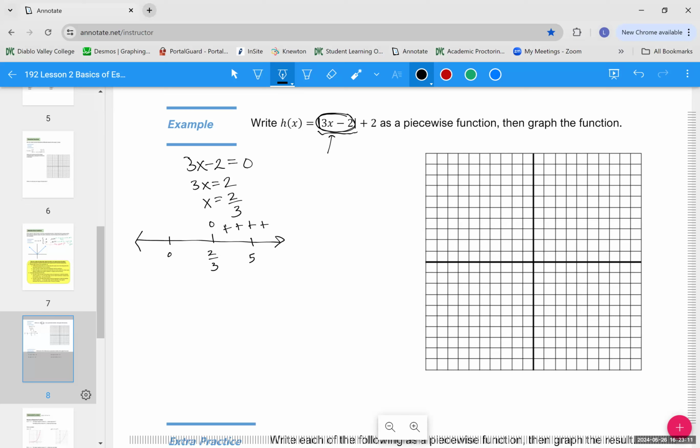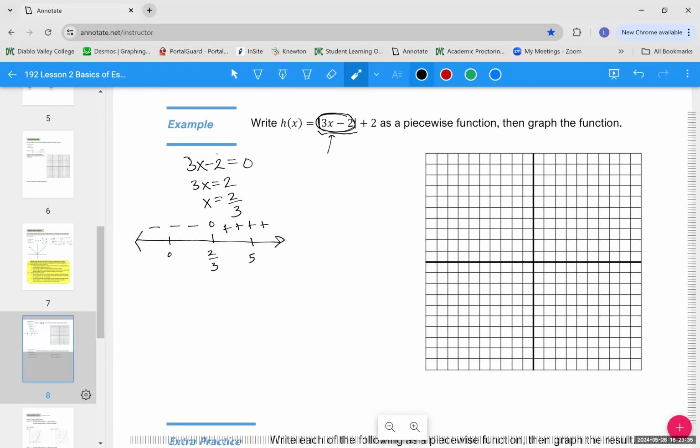Again, I'm plugging it in just directly to this 3x minus 2, and that would give me a negative. So what this chart is telling me is that for x values that are larger than 2/3, 3x minus 2 is positive. And for x values that are less than 2/3, 3x minus 2 is negative.